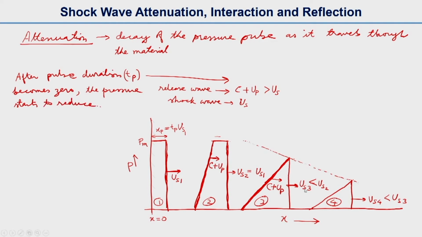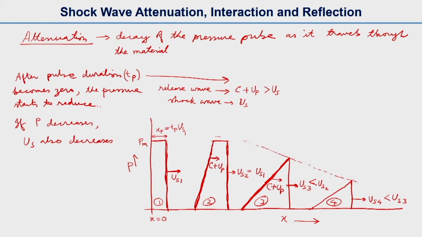The peak pressure also gets reduced. If P decreases, the peak pressure decreases, and US also decreases. We have not discussed this much, but it happens.